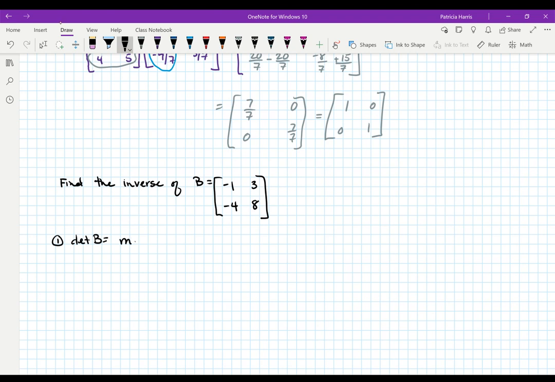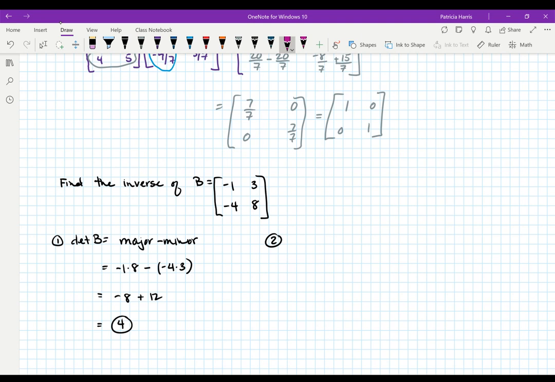So we're going to do major diagonal minus the minor. So -1 times 8 minus -4 times a 3. So -8 plus a 12, which is 4. Okay, so that's my determinant. Since it's not 0, I can invert my matrix.